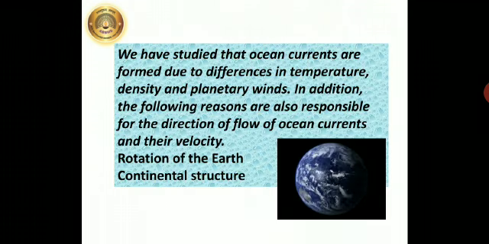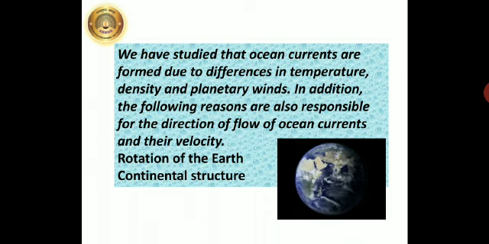As we have studied, ocean currents are formed due to differences in temperature, density, and planetary winds. In addition to these reasons, two more are also responsible for the direction of flow of ocean currents and their velocity.